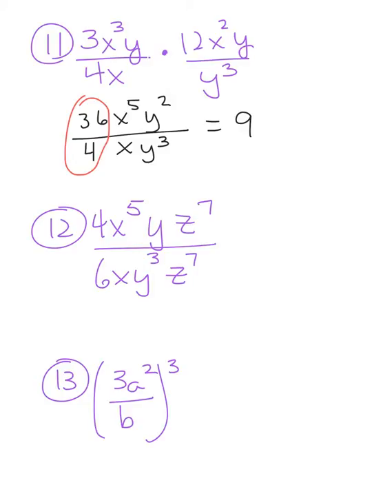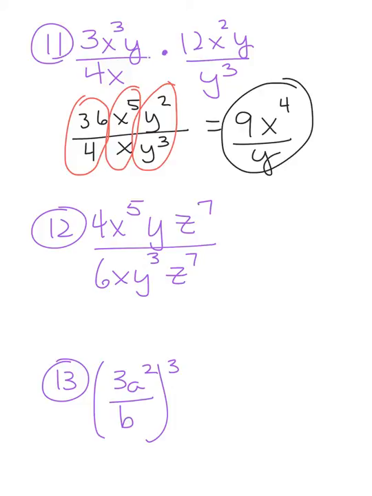Now, when I'm looking at my x's, I have x to the fifth over x, which leaves me with x to the fourth as a numerator, right? 5 minus 1 gives me 4. And when I'm looking at my y's, I have y to the second over y to the third. Now I have more y's on the bottom, so when I simplify, I'm going to be left with y to the first on the bottom. So there's my final answer right there, 9x to the fourth over y.